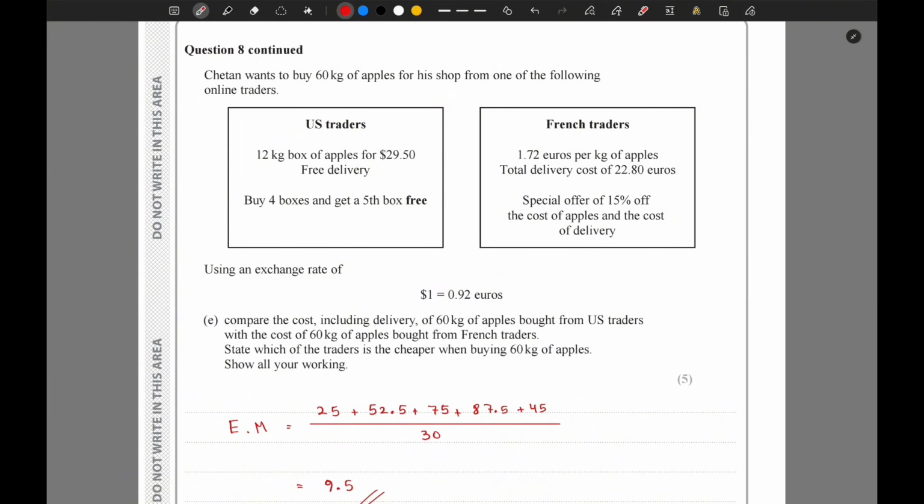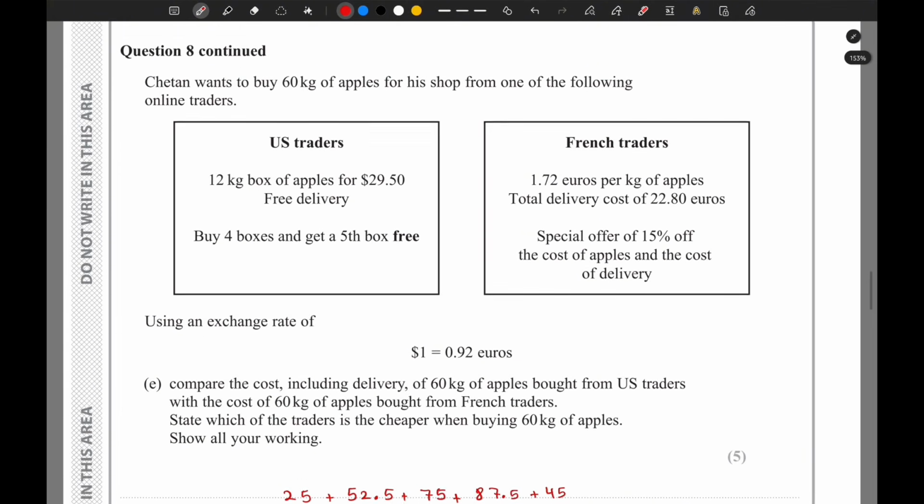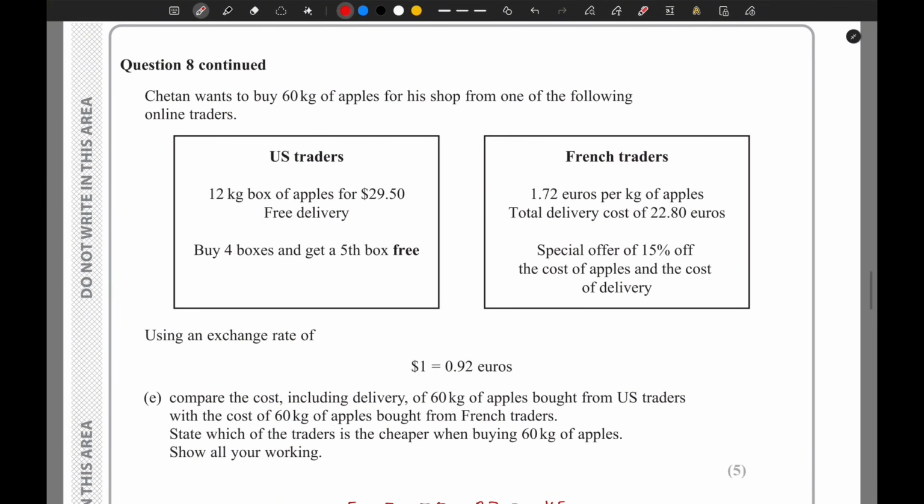Chetan wants to buy 60 kilograms of apples for his shop from one of the following online traders. So there are two traders. One of the traders is a US trader and the other one is French. The US trader offers a 12 kilogram box of apples for 29.5 and the delivery is free. If you buy 4 boxes, you get a fifth box free.